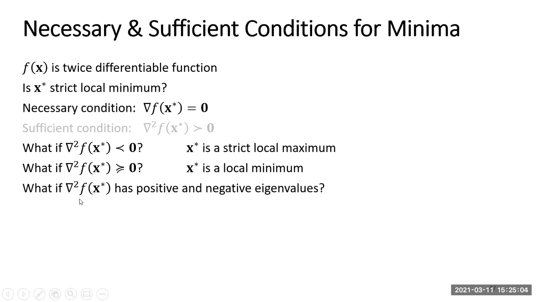Now, what if the Hessian del square f at x star is indefinite? So it has both positive and negative eigenvalues. A matrix that's neither positive semi-definite nor negative semi-definite is an indefinite matrix. In this case, x star is called a saddle point. And if it's equal to 0, then we cannot say.